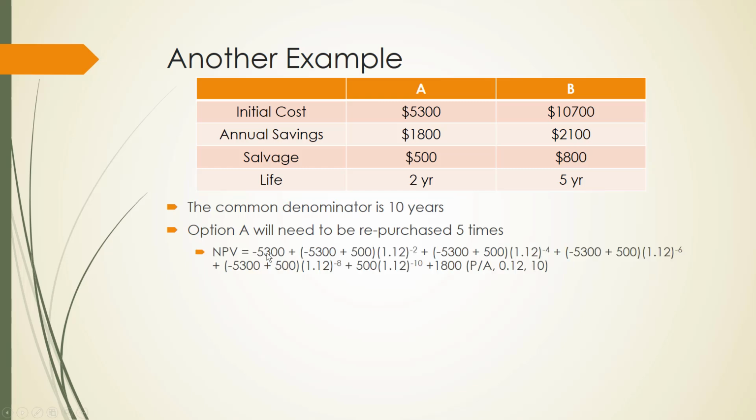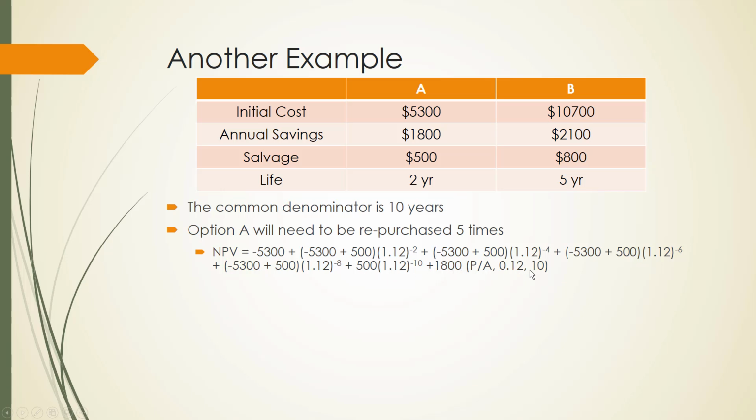For the net present value, I purchase the first one. In 2 years, I purchase another one, but I get a salvage value for the first one. 4 years later, I'm going to purchase yet another one, get the salvage value from the second one, then purchase a fourth one, salvage on the third one, purchase a fifth one, salvage the fourth one, and then finally in the final year I'll salvage the final one.